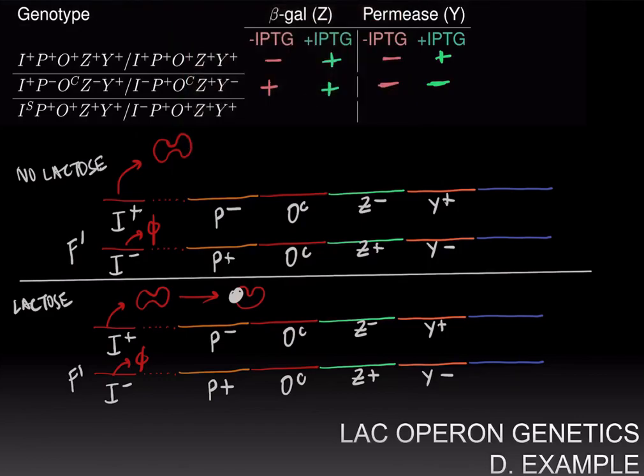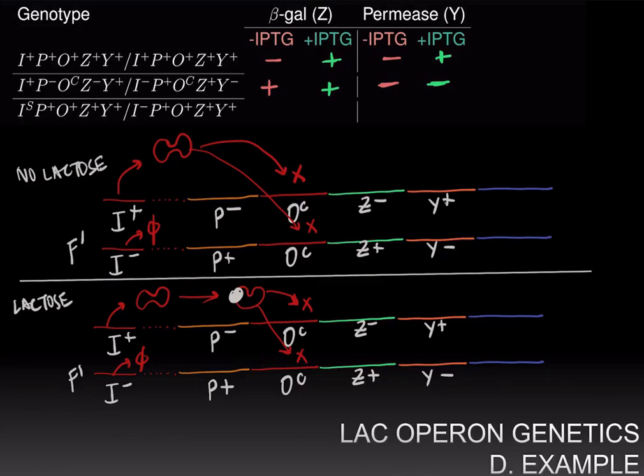Now, the operator is not a wild type operator but the mutant OC, and that means that the repressor is not going to be able to bind irrespective of whether you have lactose or you don't have lactose.